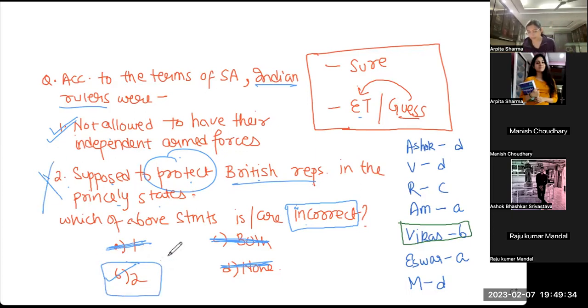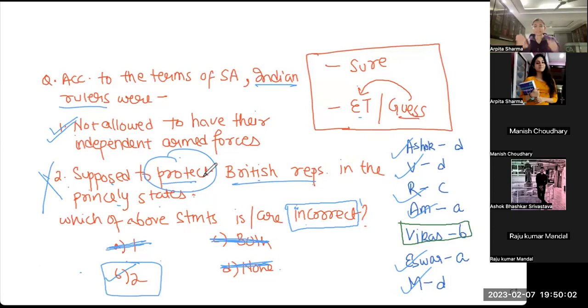Clear? Now you understood, the students who answered Ashok, Vatsalya. Now did you understand, Raju, Amritansh, Ishwar, Manish, why B is correct? Because the second statement is saying that the Indian rulers are supposed to protect the British representatives in princely states. How will they protect when the army is under the control of the British representatives?